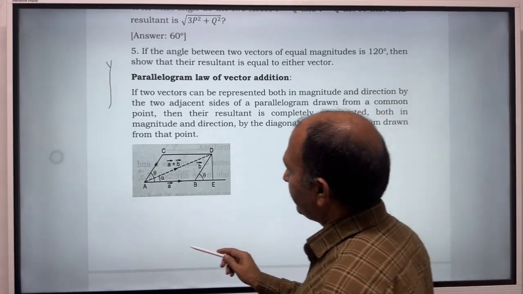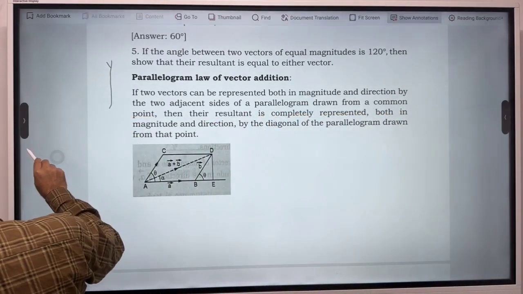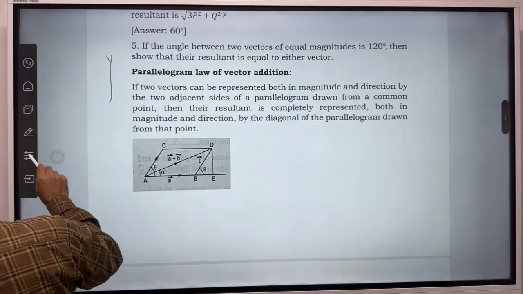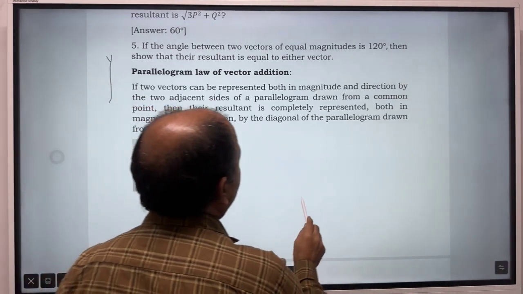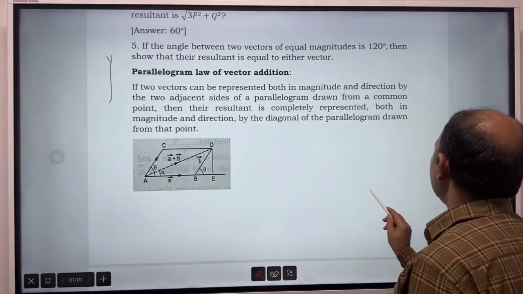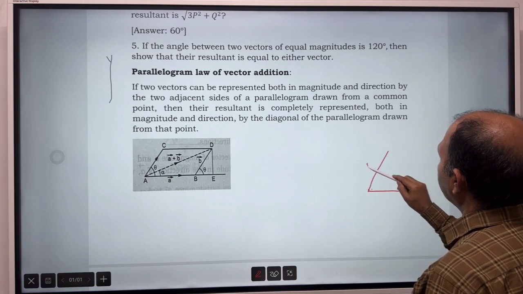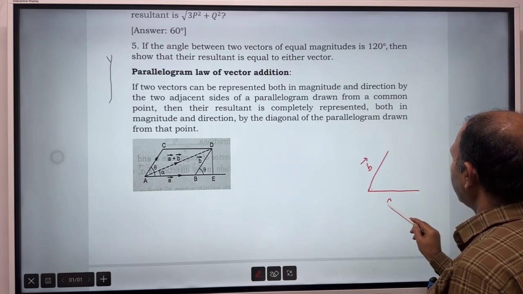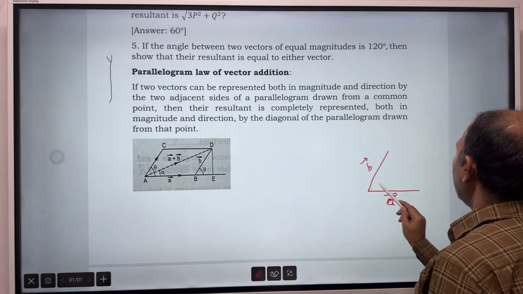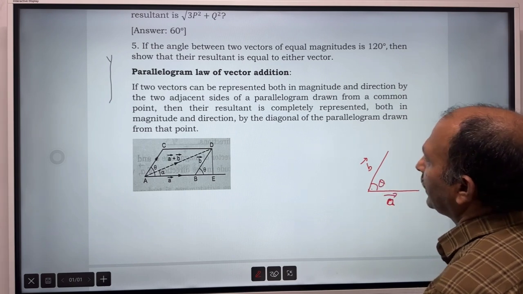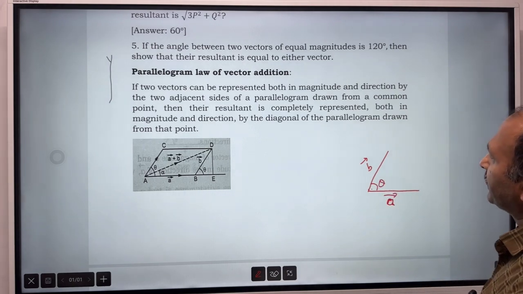Suppose you are given two vectors inclined at angle theta. Suppose this is vector B, this is vector A, and the angle between them is theta. Now you have to find out the resultant.